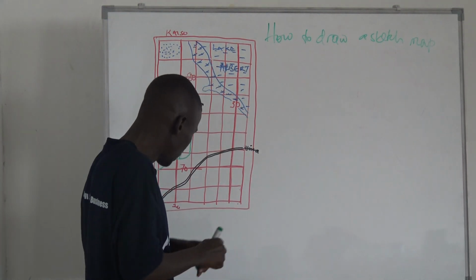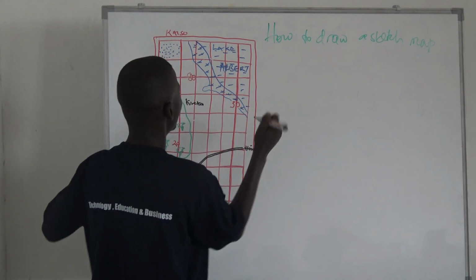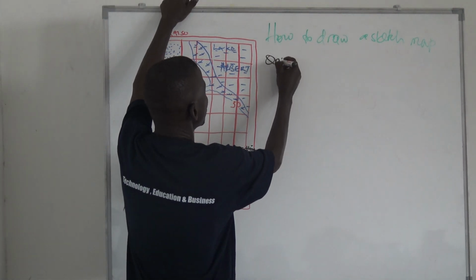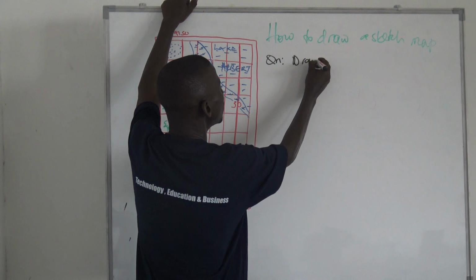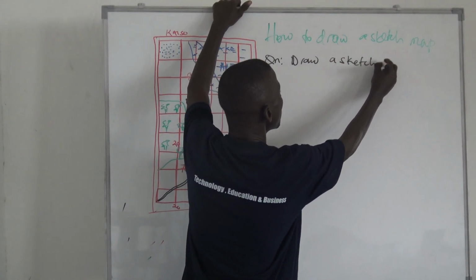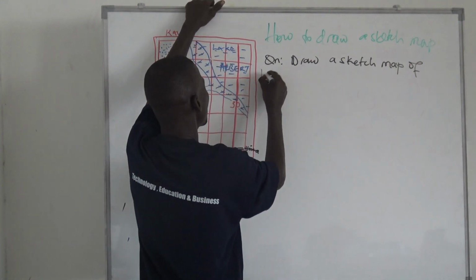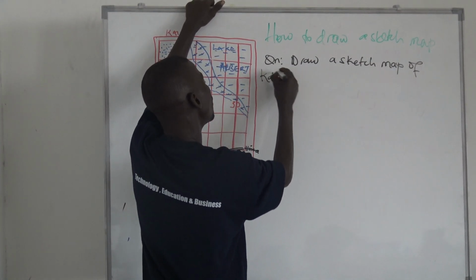Supposing somebody brought a question and said, draw a sketch map of Kaiso.